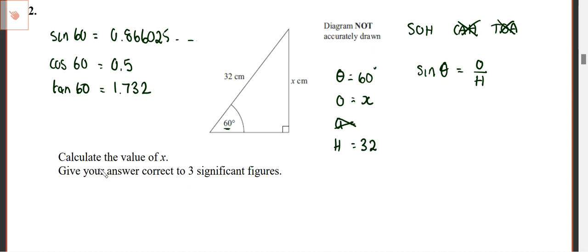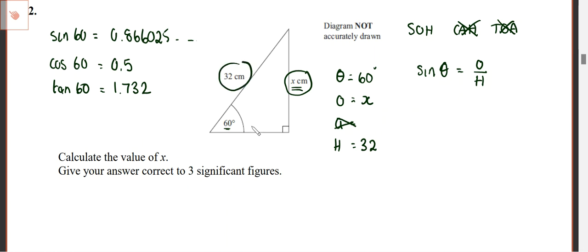Because, look, it says calculate x. X is this one. Do I know this number? Do I want to work it out? Have I been asked to work it out? It's asking me to work this one out. So this is the one I want to know. This is the one I do know.